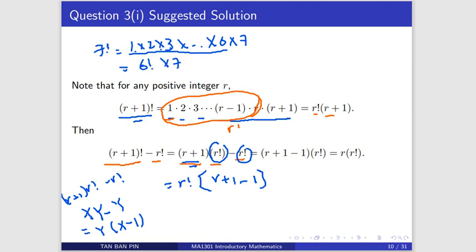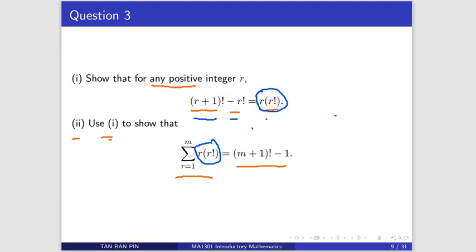You can think of x as r plus 1 and y as r factorial. So you take out y, and you should be left with x minus 1. That's why it's (r plus 1 minus 1) times r factorial. And 1 and minus 1 cancel, so we are left with r. That's how we get r times r factorial. So with that, we managed to show the first part.